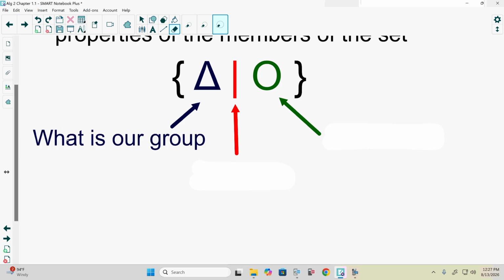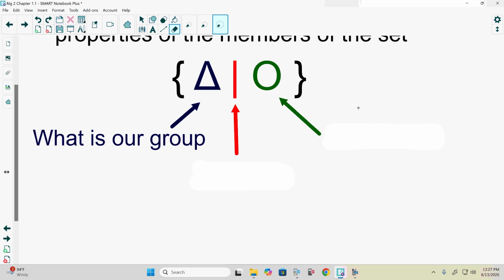What kind of numbers are we talking about? What is our number set? Are we talking about real numbers, rational, irrational, whole numbers, natural numbers? What is our number group? That's what goes there.